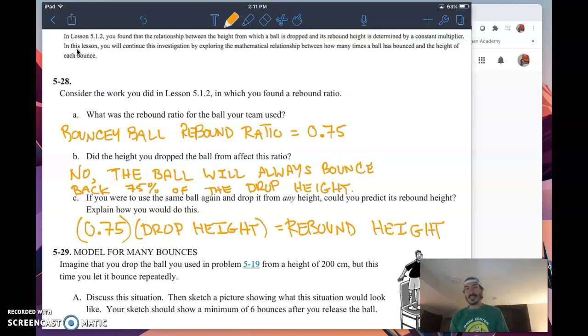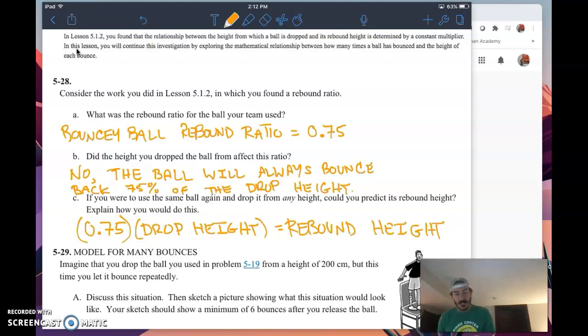If we had the opportunity to test this in class, this would be far more powerful. But if you don't believe me, test it at home. You'll have to use a measurement device. Maybe it's a video, maybe it's a yardstick. Whatever is convenient for you, you're going to find that the rebound ratio is not impacted by the drop height, right? And that's what part B is, okay?